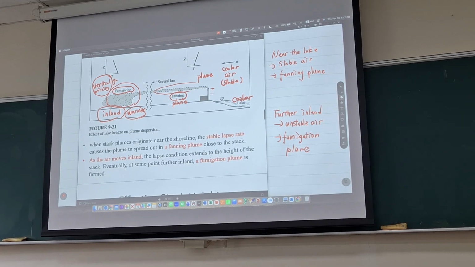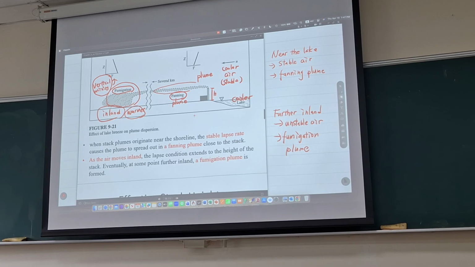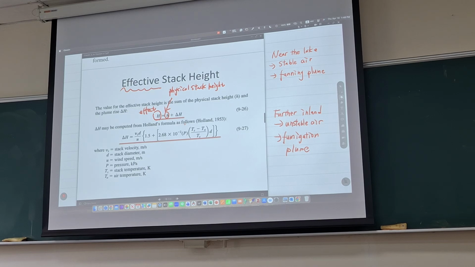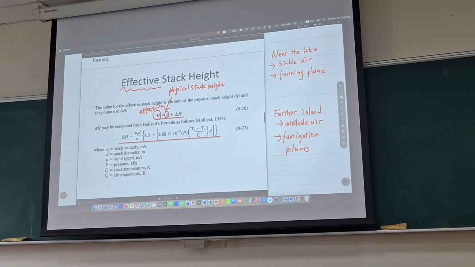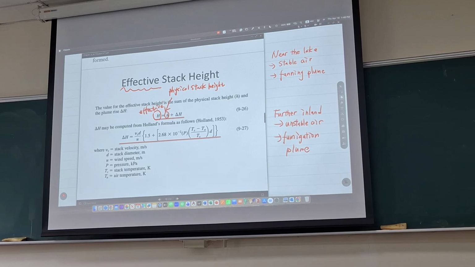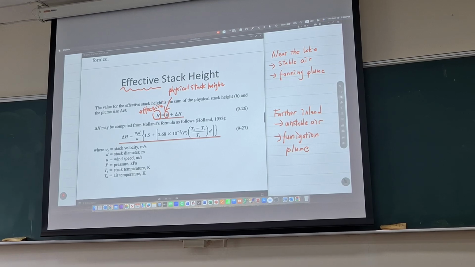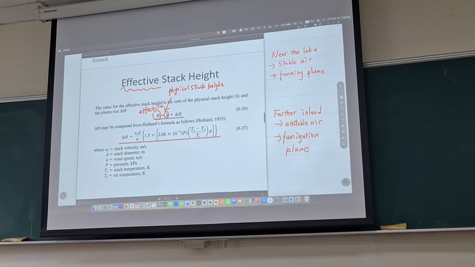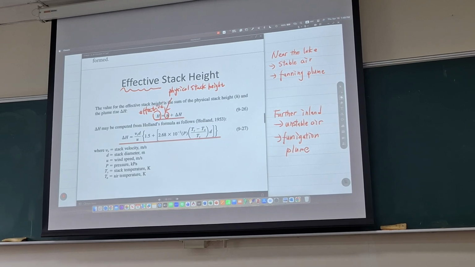So this is small letter h. The capital H is the effective stack height. The small letter h is the actual, the physical stack height.